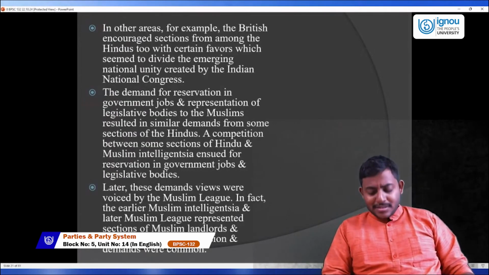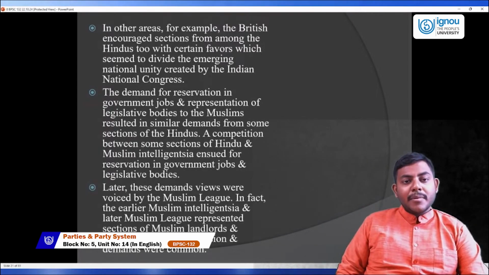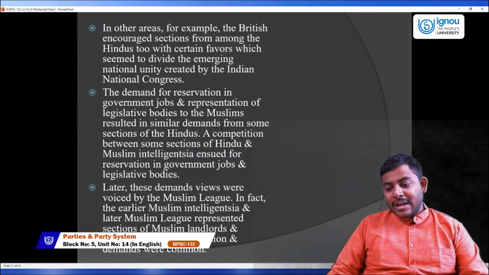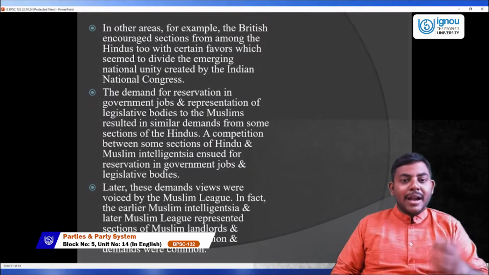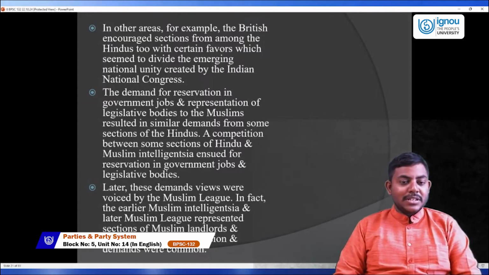In other areas, for example, the British encouraged sections from among the Hindus too with certain favors, which seemed to divide the emerging national unity created by the Indian National Congress. The demand for reservation in government jobs and representation in legislative bodies by the Muslims resulted in similar demands from some sections of the Hindus.